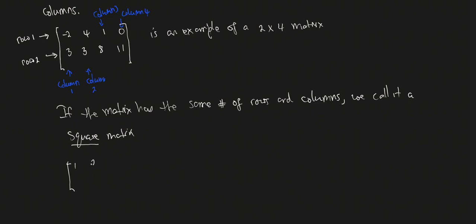So 1, 2, -10, 8. This is a 2 by 2 square matrix because it has 2 rows, 2 columns. And then you can have a 3 by 3 that looks like this.